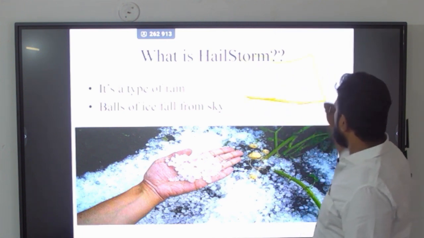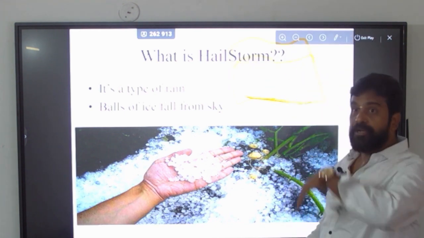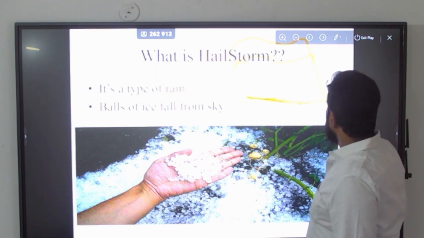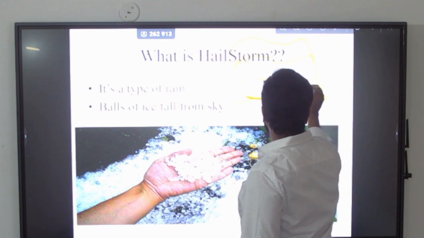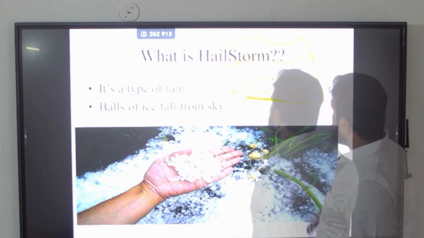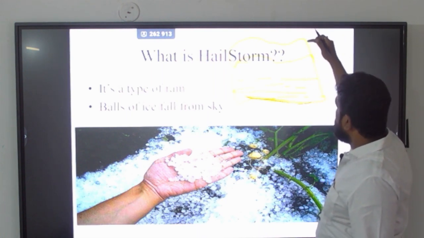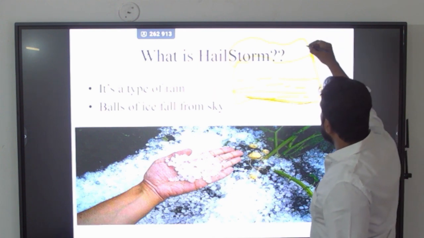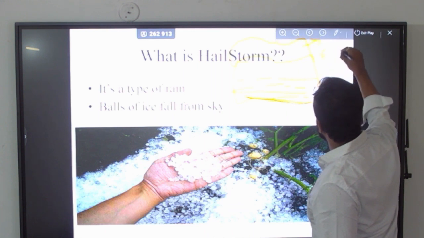consider the cloud, a cloud which is on here, it's a vertical, high cloud. Now it has more water over on here. You see, it has more water over on here. When you are moving to the upper cloud, half of this upper cloud on here is under the freezing temperature.